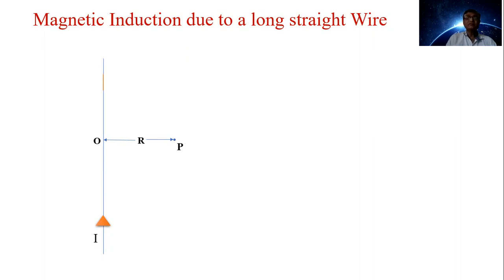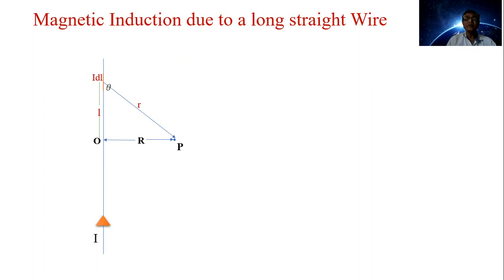Let the current element I dl be at a distance L from the point O. The point P is at a distance R from the current length element here.